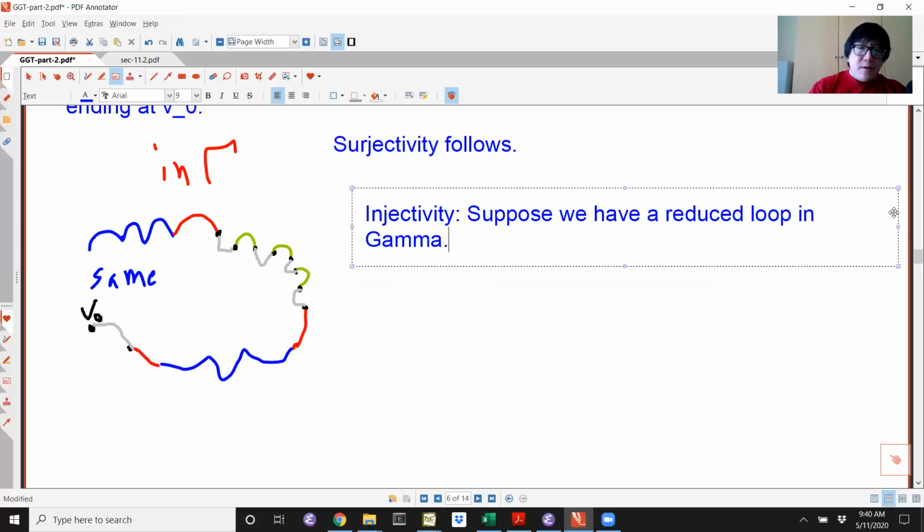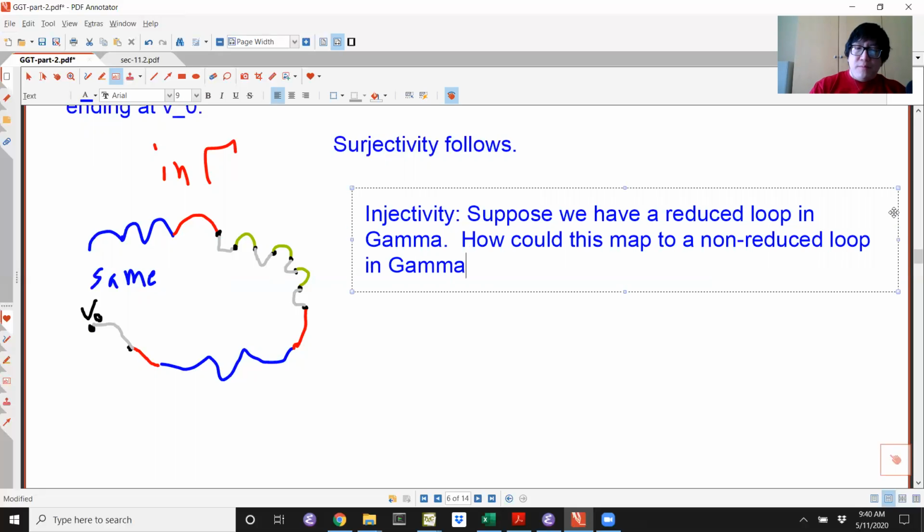So now, how could this map to a non-reduced loop in gamma prime?